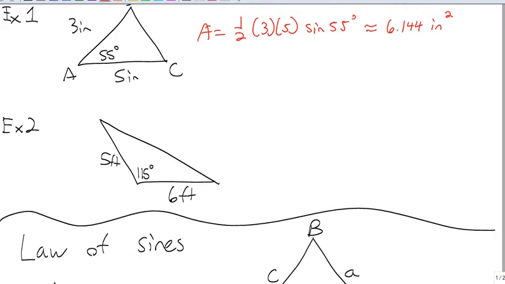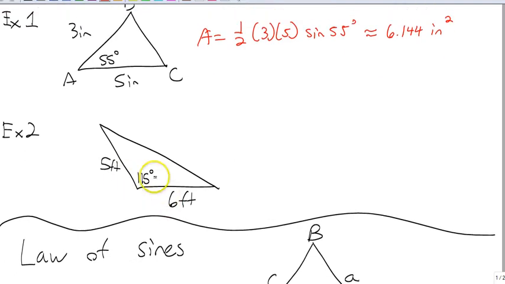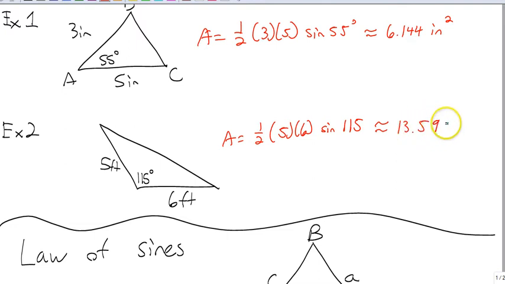And we can do that down here too. 5 and 6, so the area is equal to 1/2 times 5 times 6 times sine of 115, and then we type that in, and you end up with 13.595 square feet. So that's our second area formula.